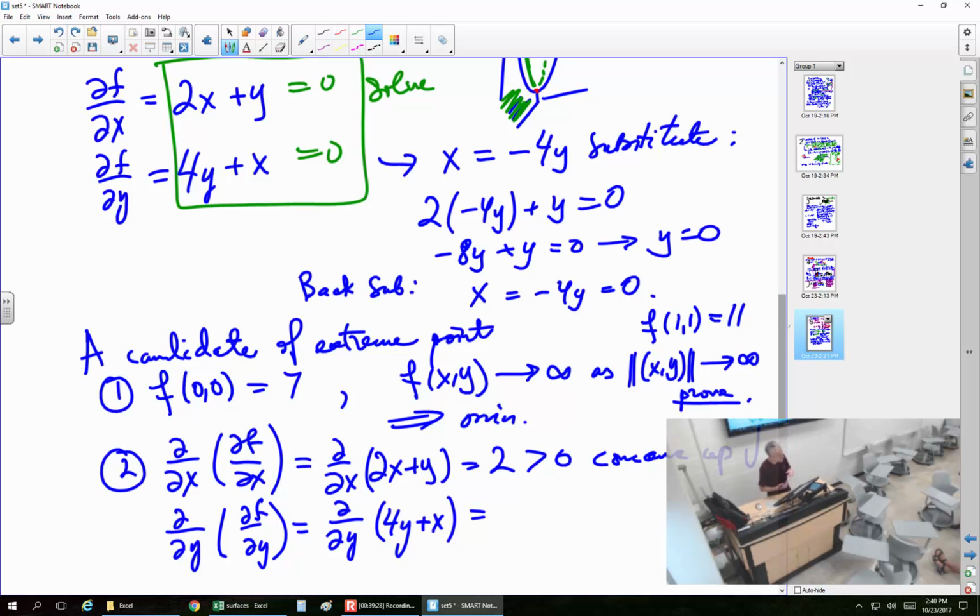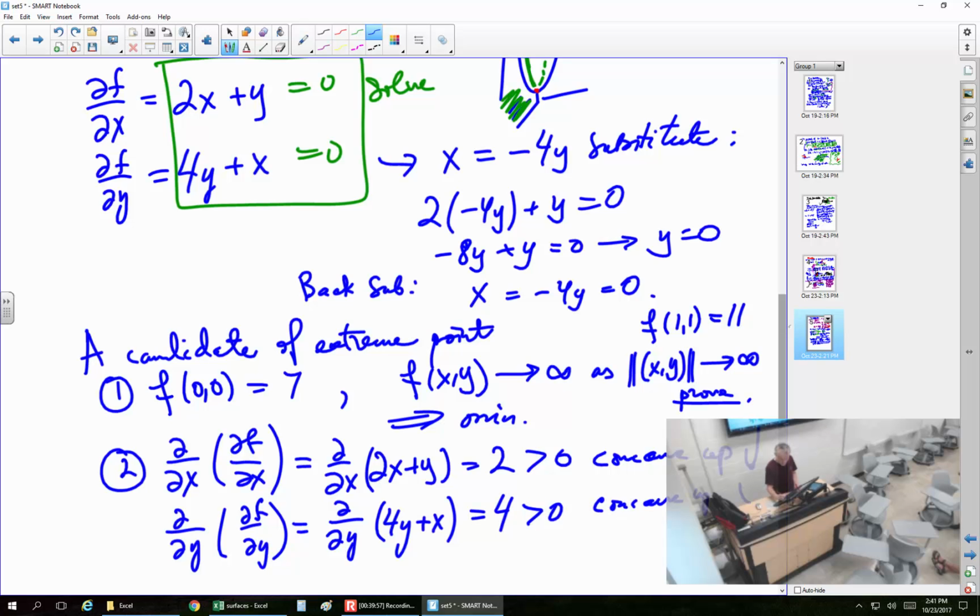The second derivative test in calculus 1 gives you a partial converse. If the derivative is equal to 0 and the second derivative is positive, then we have a minimum. First derivative 0, second derivative positive, concave up, it is a minimum point. Unfortunately, we don't have this luxury here.